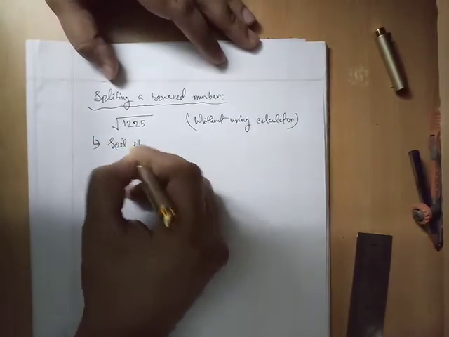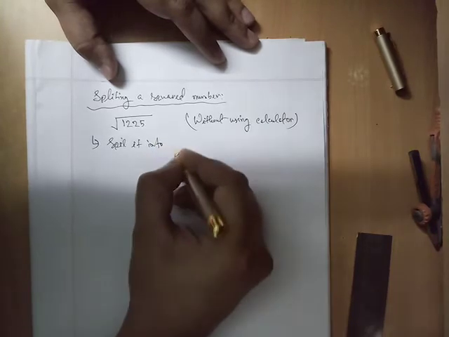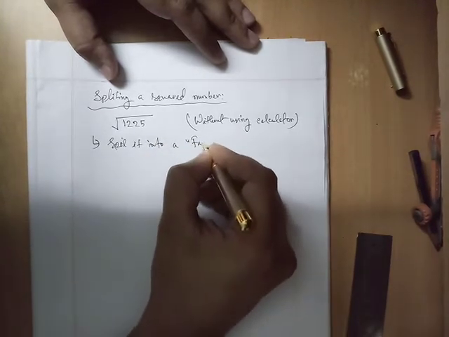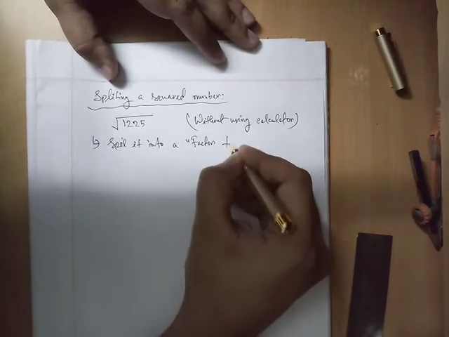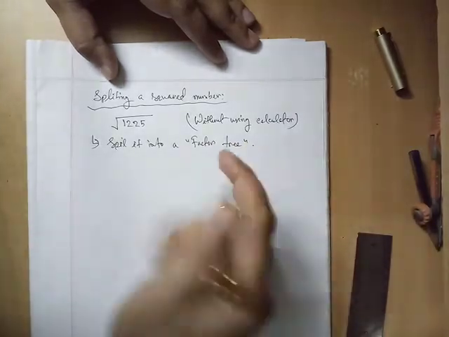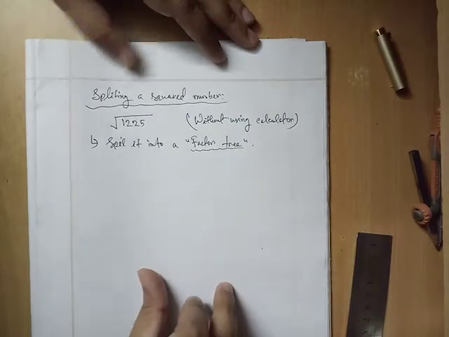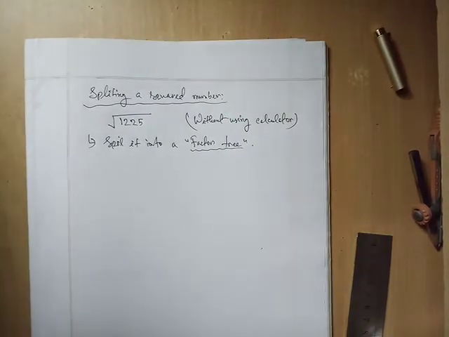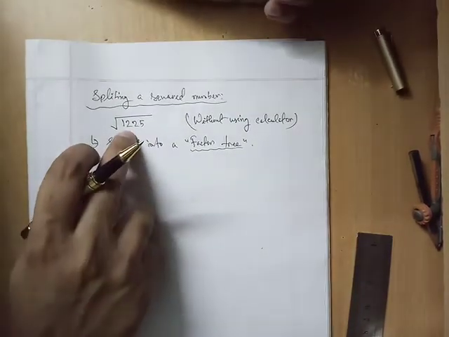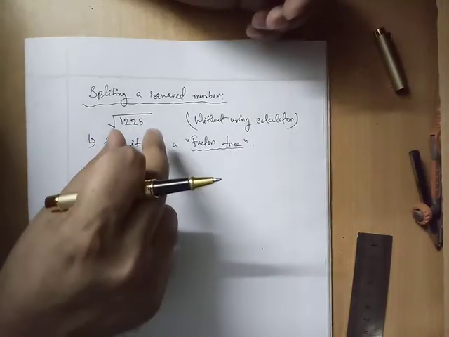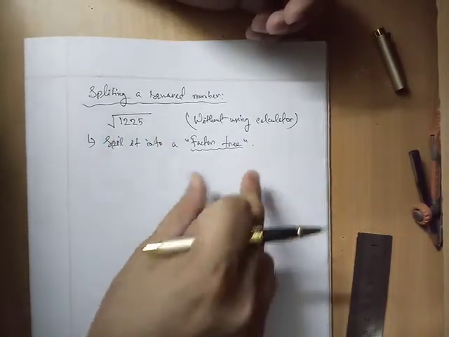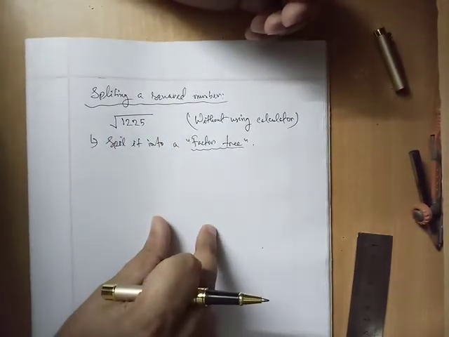Split it into a factor tree. So guys, we have come along a new term called factor tree. A factor tree is basically where we divide the number and turn it into a product of its prime factors.